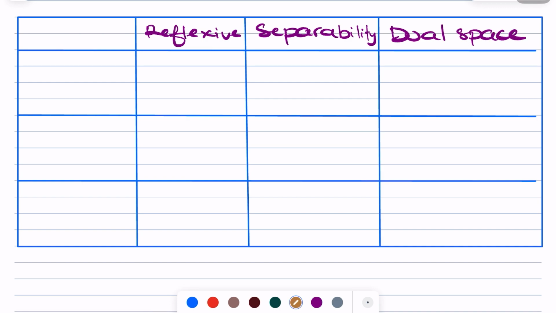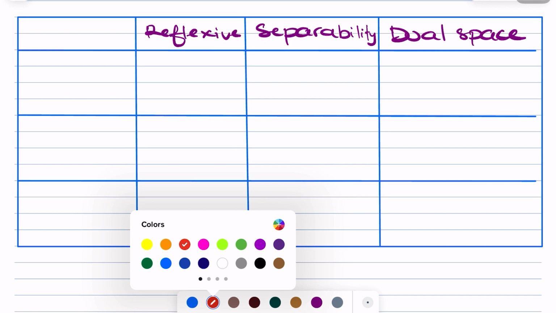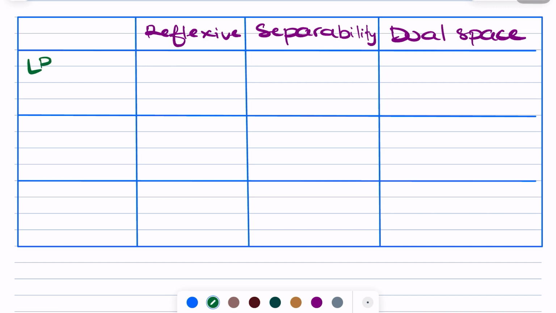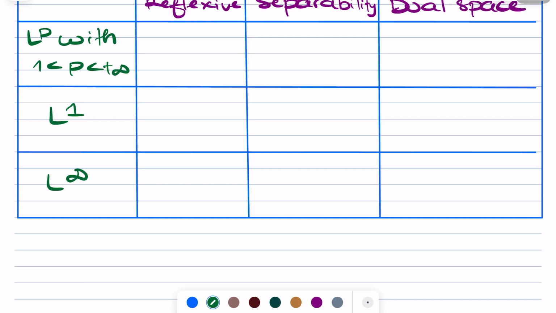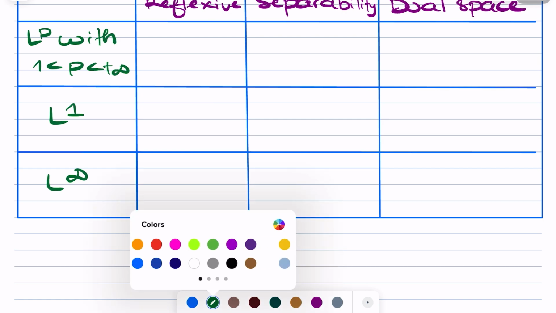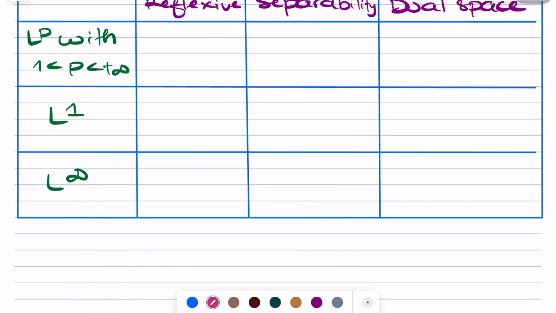So here we have LP with P strictly between 1 and plus infinity. Here we have the L1 space, and here we have the L infinity space.